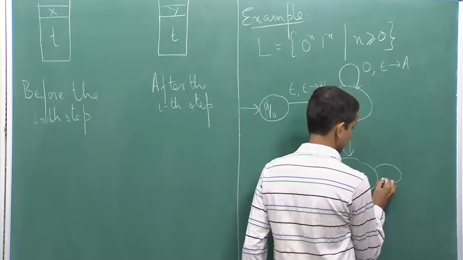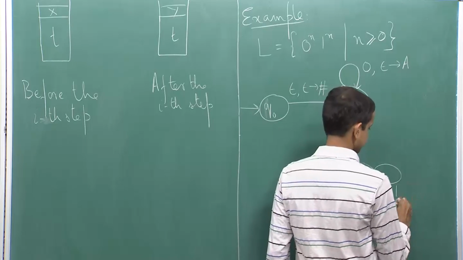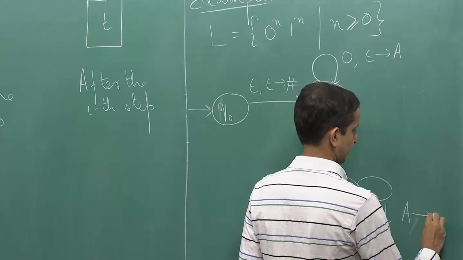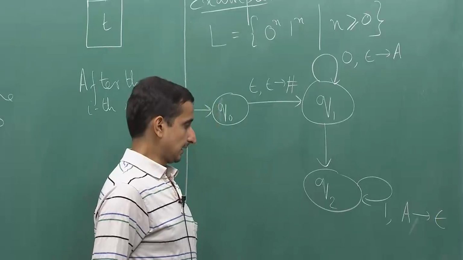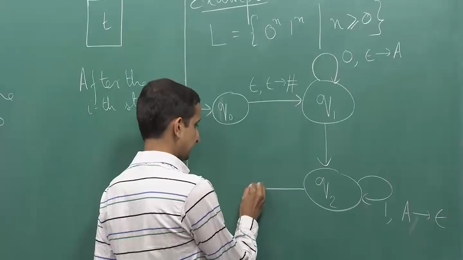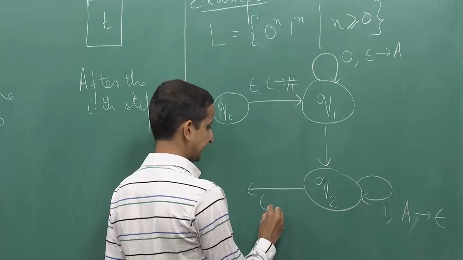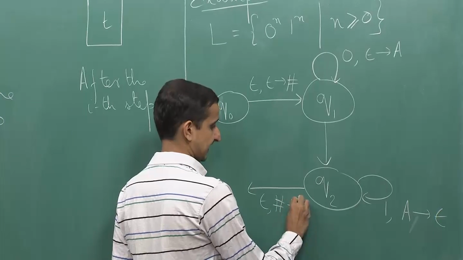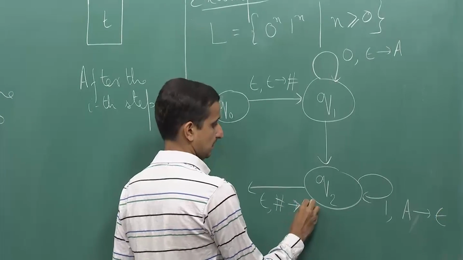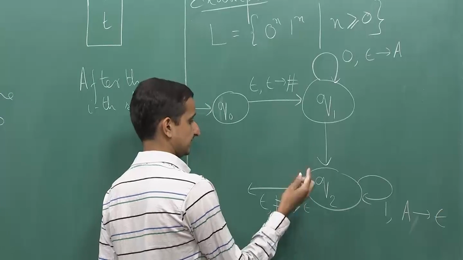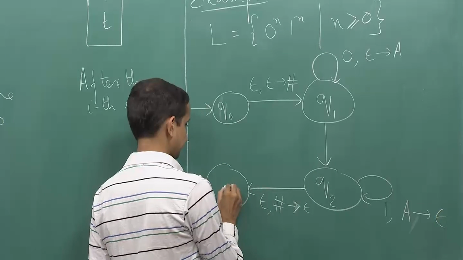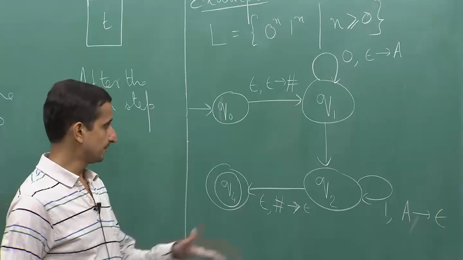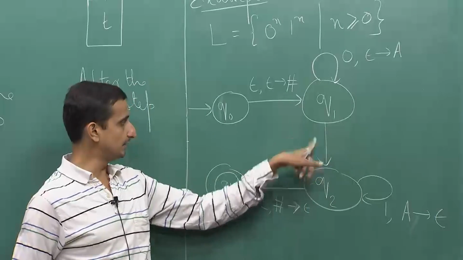On q2, if I see a 1, I will pop out A, and then finally, again without reading anything, I will check if the last symbol is a hash. If it is a hash, I just, let us say, pop it out, it does not matter, and I reach a state q4, which is also my accept state. Okay. Now the only thing needed is to label this transition.